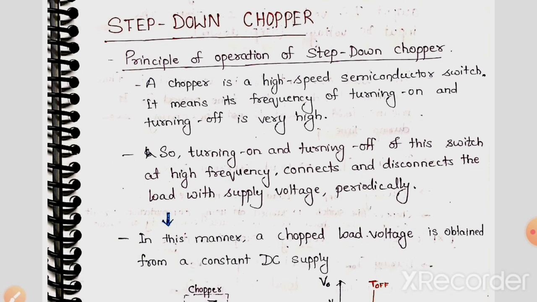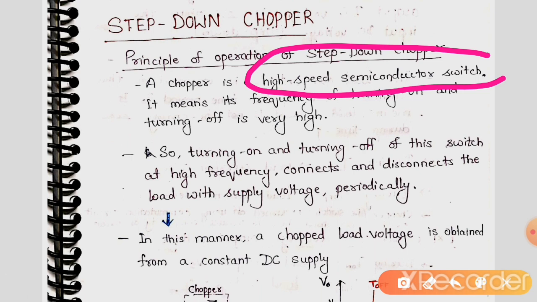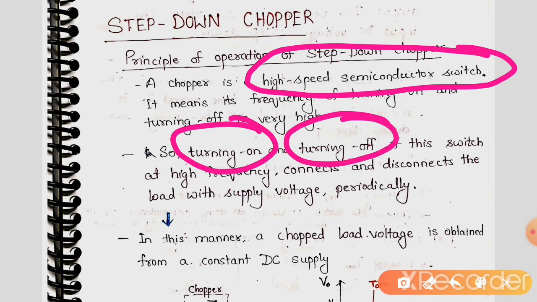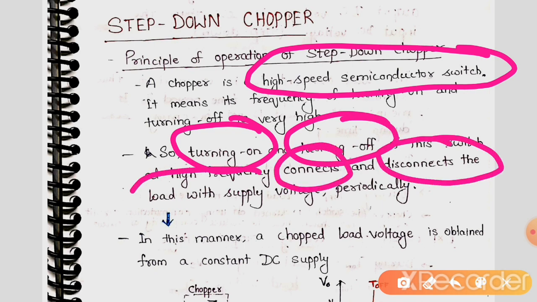A chopper basically consists of a high speed semiconductor switch, and when this switch turns on or off, it either connects or disconnects the load with the supply.